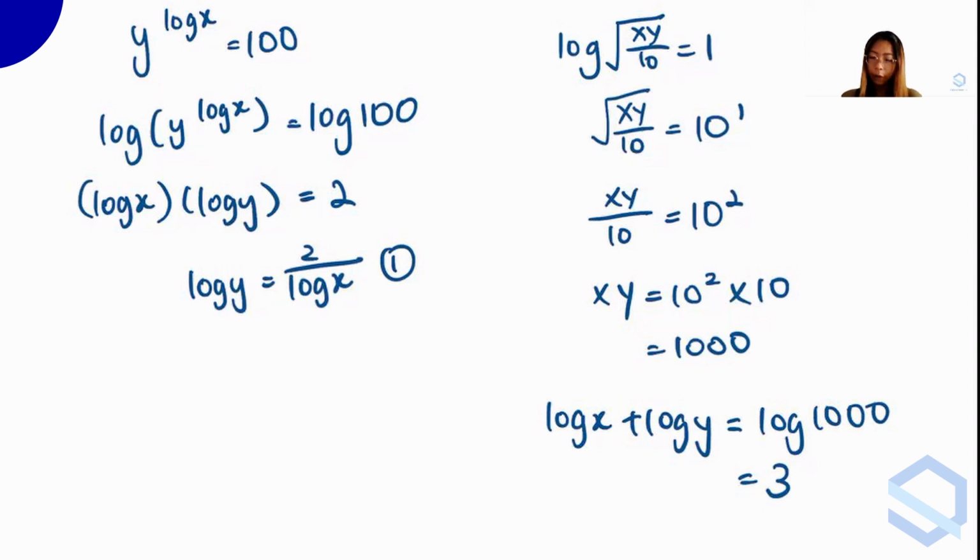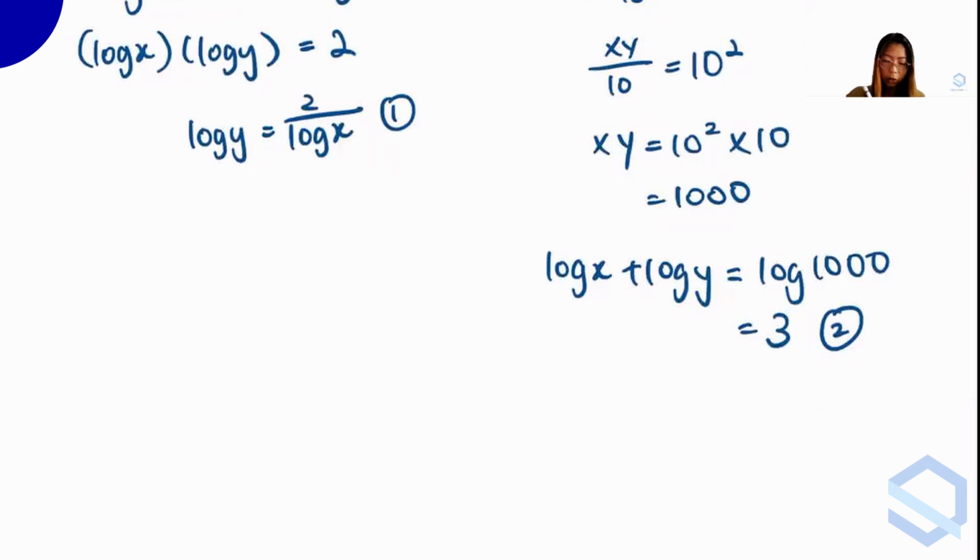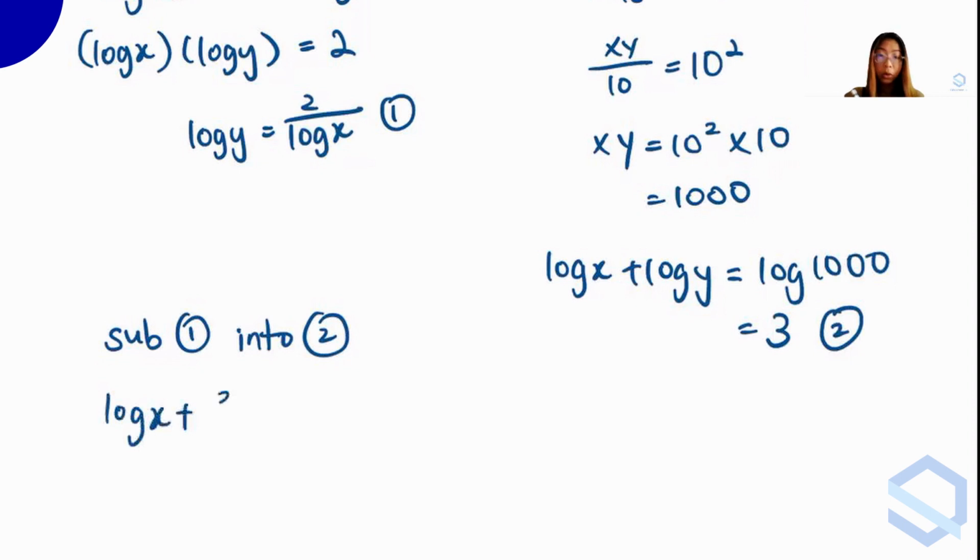So now that we have our first equation and our second equation, we can proceed to substitute them together. So we have these two. What I should do is take sub 1 into 2. When I sub 1 into 2, I will get log x plus 2 over log x would give us 3.